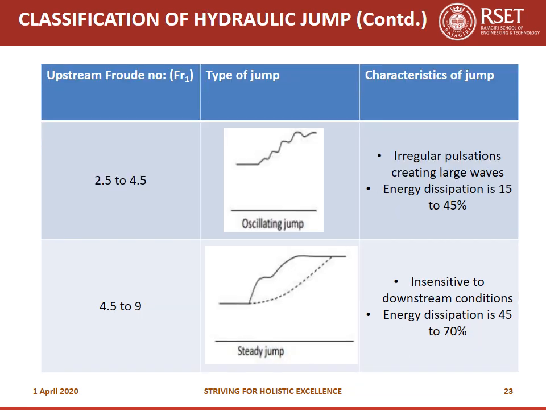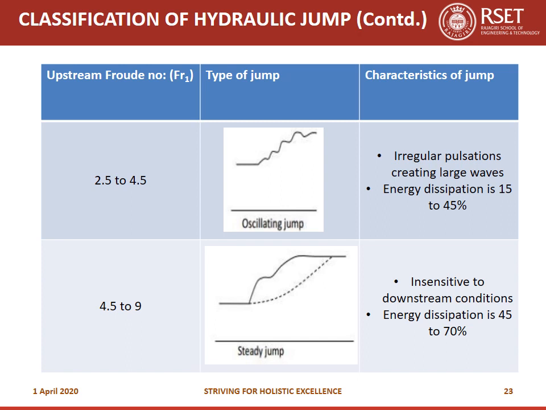When the upstream Froude number ranges from 2.5 to 4.5, the type of jump is an oscillating jump, and irregular pulsations creating large waves occur on the surface of the water, and energy dissipation ranges from 15 to 45%.